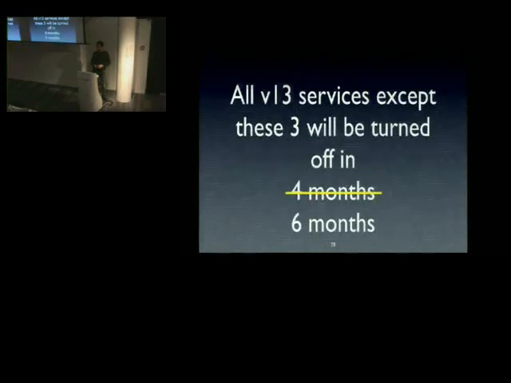And we also announced in October that all services except those 3 that I mentioned will be turned off in 6 months. Our normal sunset period is 4 months. V2009, we think, is a substantial enough change that we decided to extend the sunset period to 6 months.